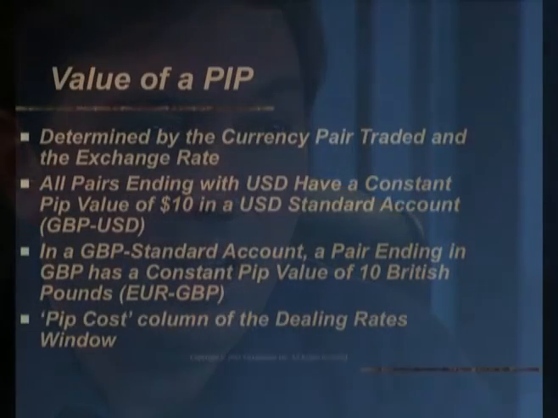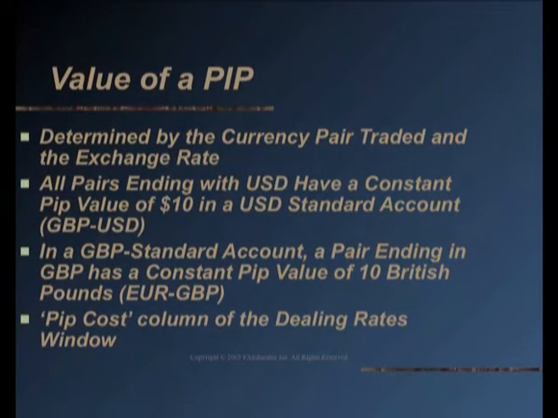Now, let's assume you're not trading a US dollar denominated account. Perhaps you live in London and you're trading a Great Britain pound denominated account. In this case, any pair ending with Great Britain pound has a constant pip value of 10 British pounds. For example, the Euro Great Britain pound pair has a constant value of 10 British pounds per pip in a Great Britain pound denominated account.